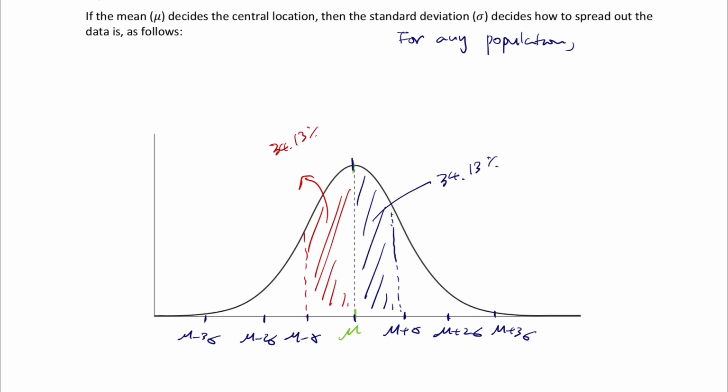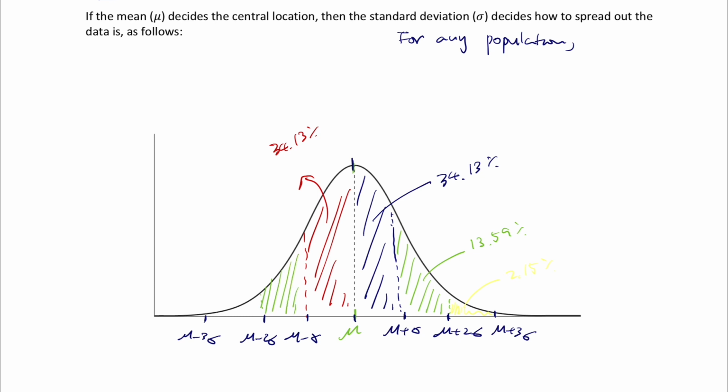If we go 2 standard deviations away from the mean, then we have about 13.59%. If we move 3 standard deviations away, we have about 2.15%.